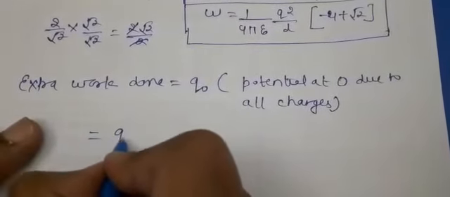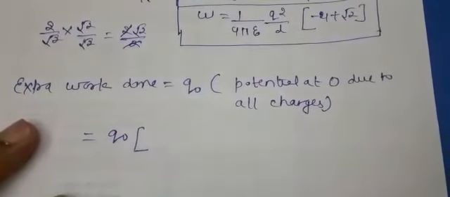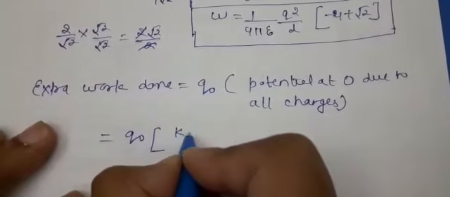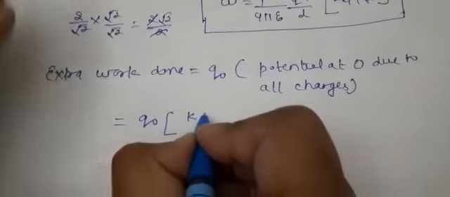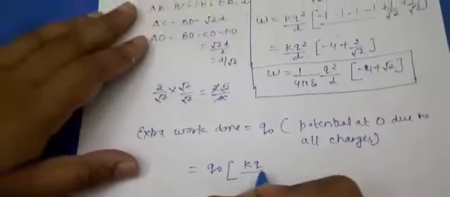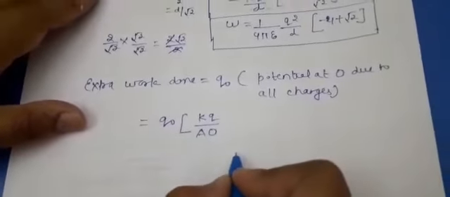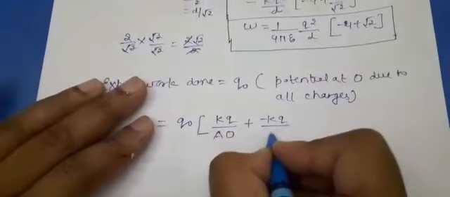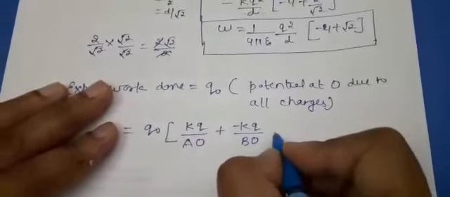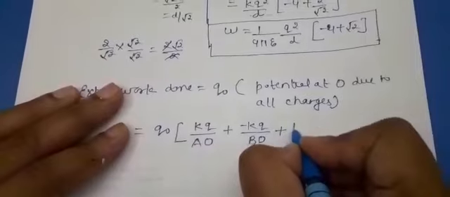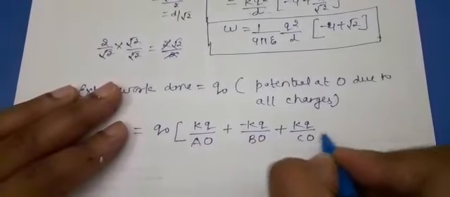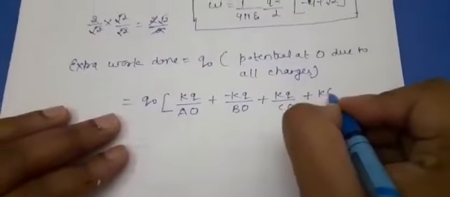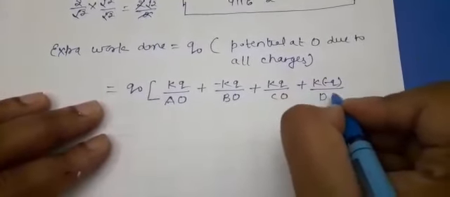So Q naught into potential at O due to charges at A, B, C, D. Again it will be K. The charge at A is plus Q, KQ upon AO. Charge at B is minus, KQ upon BO. Charge at C is plus Q, so KQ upon CO, or OC you can write, plus K into minus Q, charge at D, upon DO.